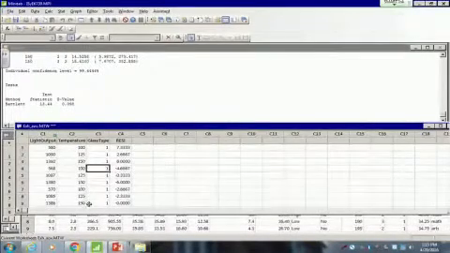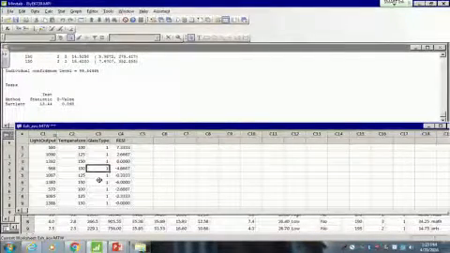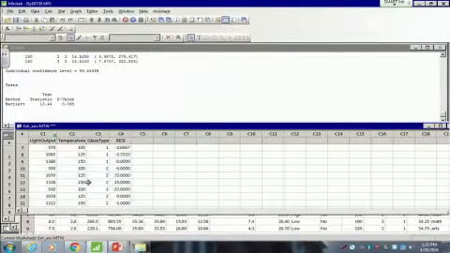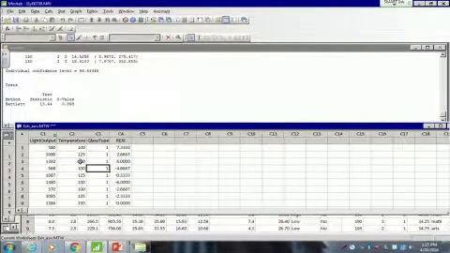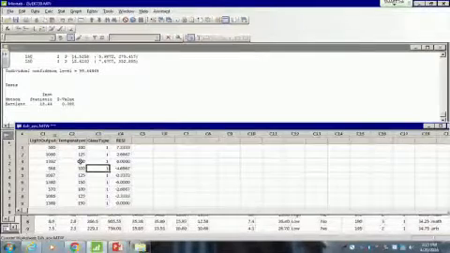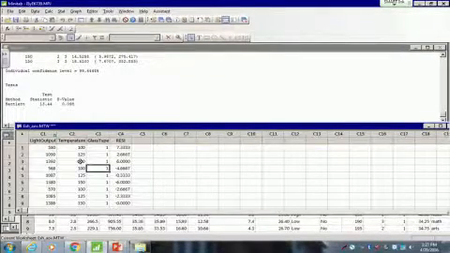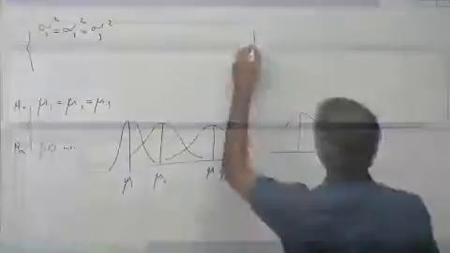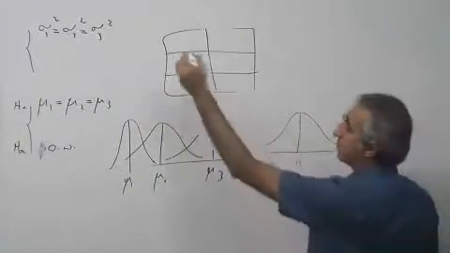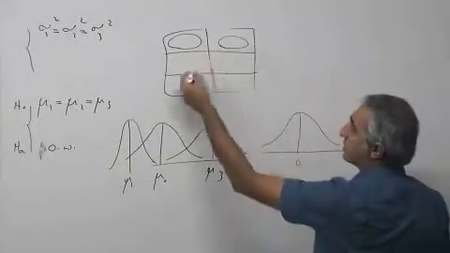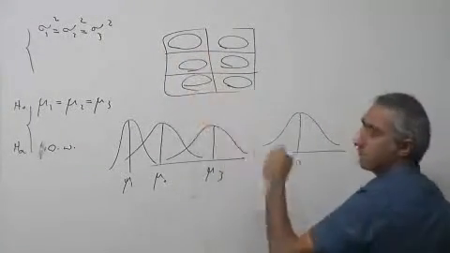So you can see how many combinations we have. For glass type, you have 2 levels, 1 and 2. For temperature, you have 3 levels: 100, 125, and 150. So 2 times 3, you have 6 combinations in your data table. You want to see if the variance of this group, this group, and this group are the same.